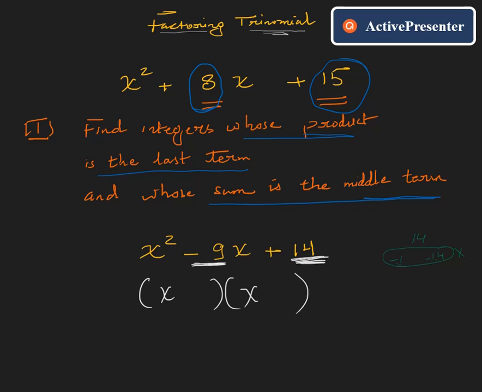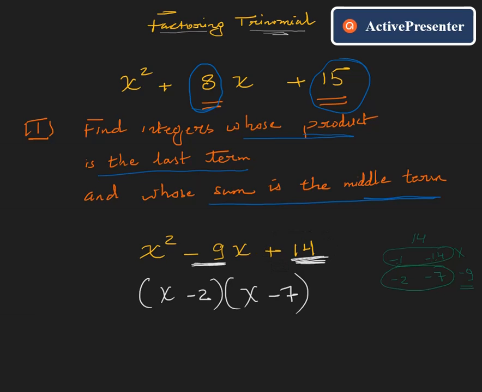Another try: if you divide by minus 2, the answer is minus 7. If you add them together, you will get minus 9, which is the middle term. Then our answer is minus 2 and minus 7, because if you add them you get minus 9, and if you multiply them together you get plus 14.